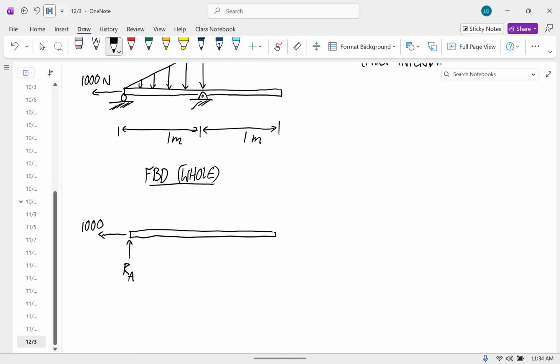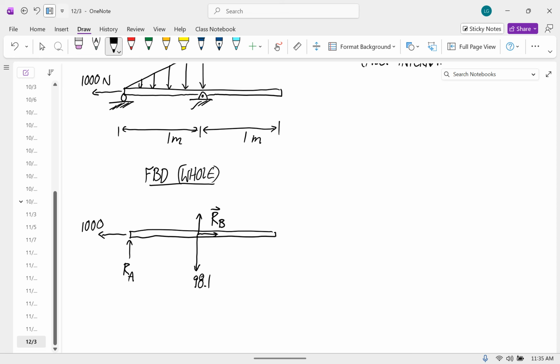I'll call that RA. The pin joint provides a force vector. I'll call that RB. There's a weight force down that's 10 times 9.81, so 98.1 newtons.